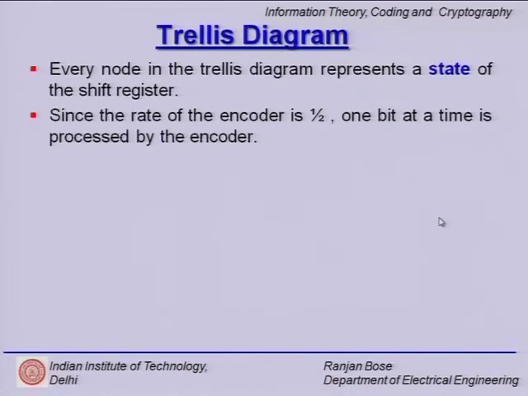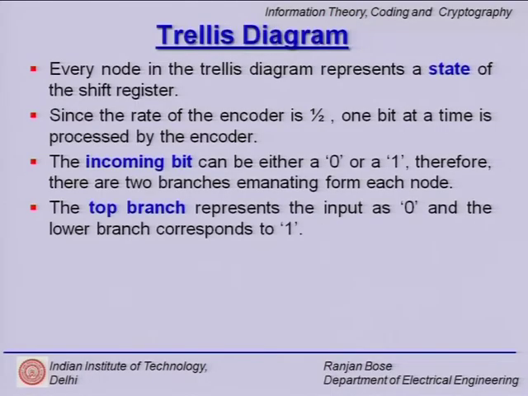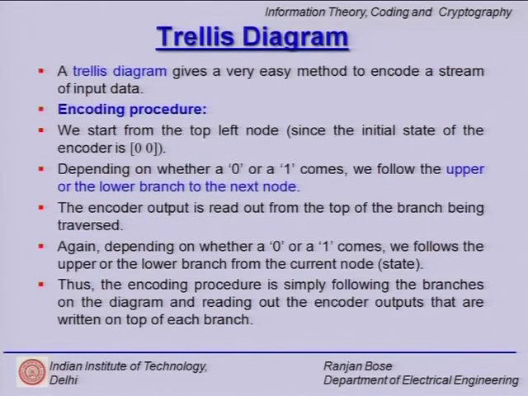So, we have noted that every node is a state, and the rate is 1 by 2. So, 1 bit comes in and 2 bits go out. The input bit can be 1 or 0, corresponding to 2 emanating branches from each node. We can say that the top branch represents input 0 and the bottom one represents input 1, and the output of the encoder is written on top.